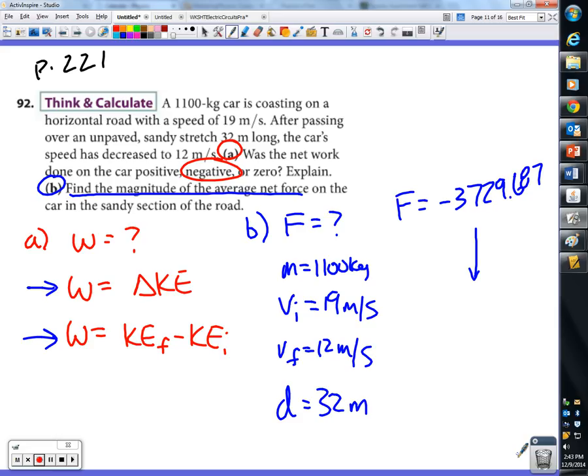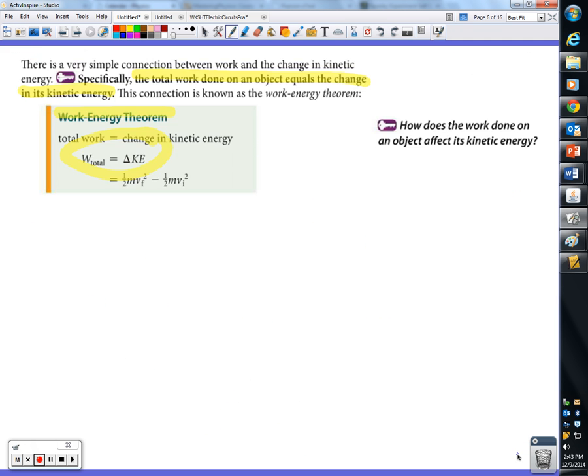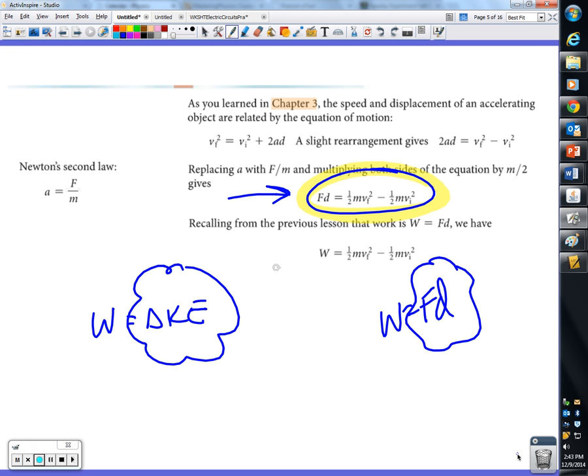So we said that we could set them equal to each other, basically this equation that we used earlier, which I think shows up on page 2 of your packet. That's setting the two expressions that we introduced for work equal to each other. And I believe we have everything in this equation except for the force, which means we can solve for the force using that equation.